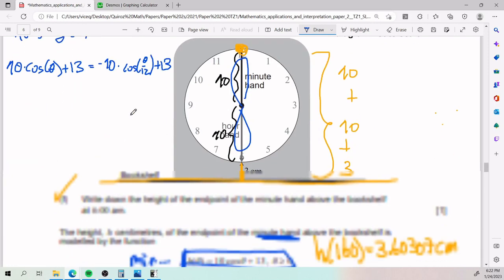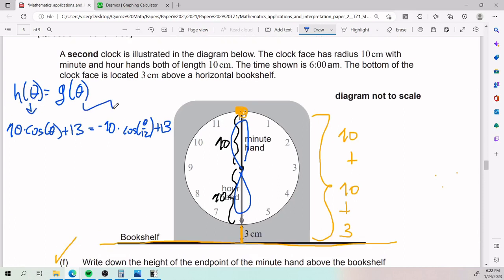See? So this is h and this is g. So I need to do this and end up with theta equals something. Whatever that theta is going to be the value that I want.